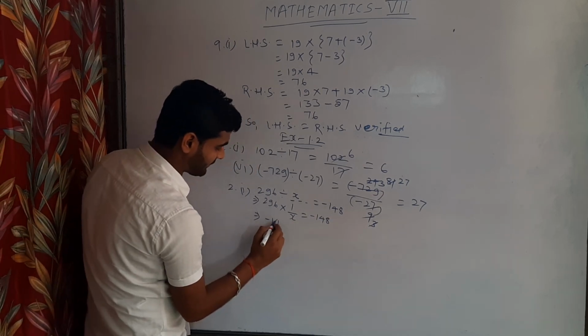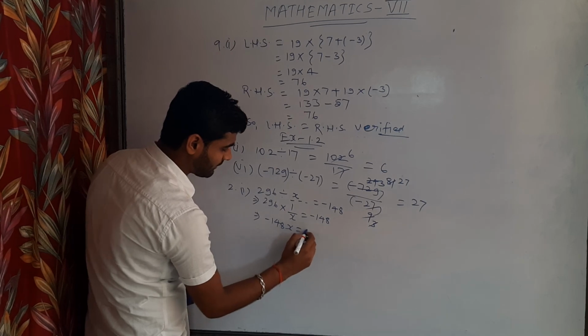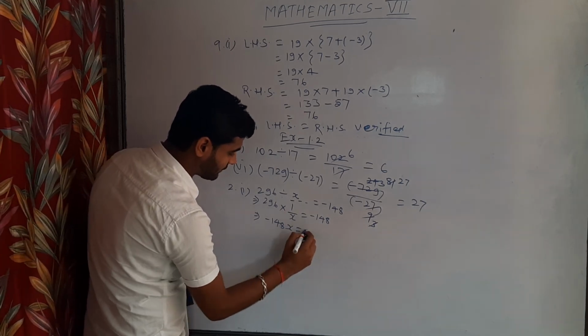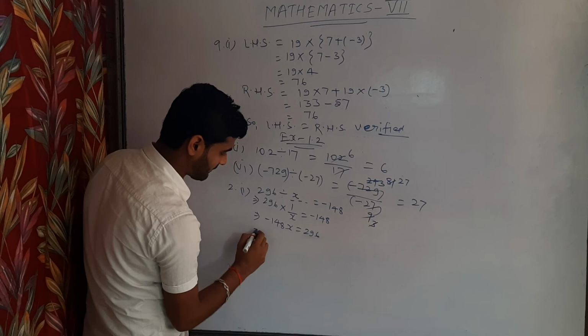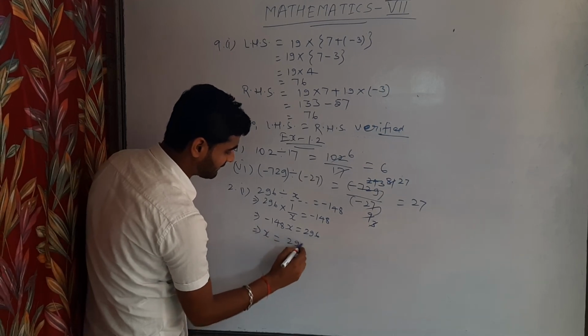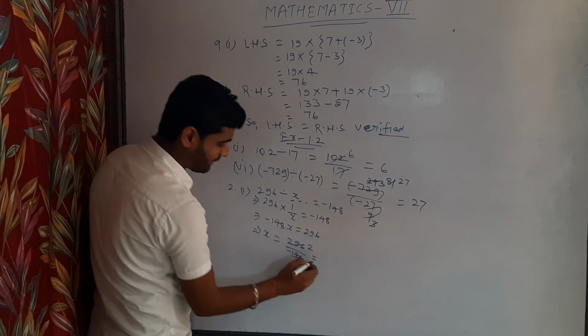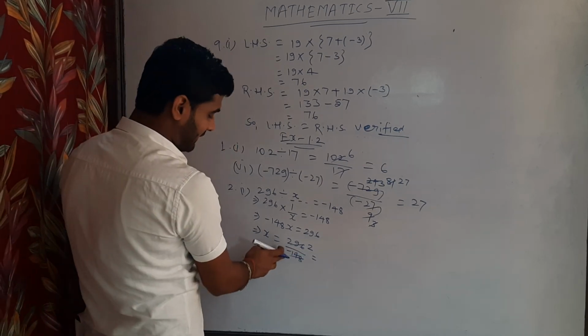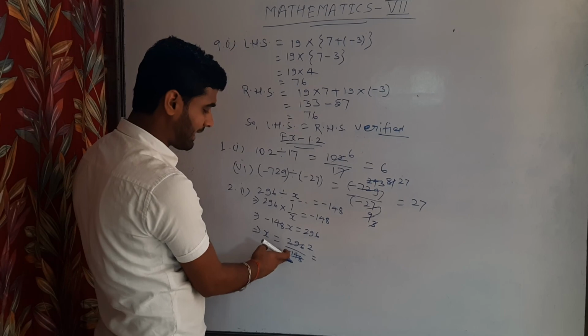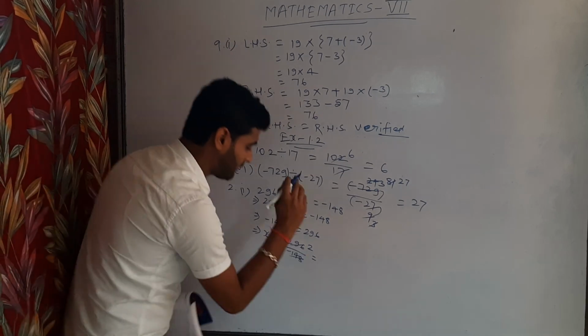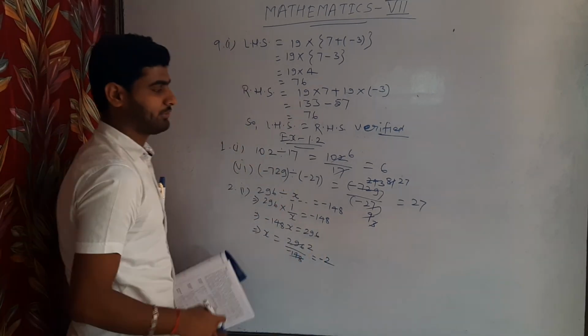By cross multiplication, minus 148x is equal to 296. x equal to 296 by minus 148. 148 2s are 296. Here the sign of negative is in the denominator, but we write the sign of negative in the numerator. So the answer is minus 2.